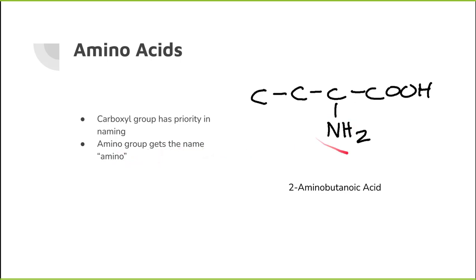This is just an ammonia NH2. And so again, you've got 4 carbons up here, 1, 2, 3, 4. So it's butanoic acid, and then it's on the second carbon. So this is 2-aminobutanoic acid.